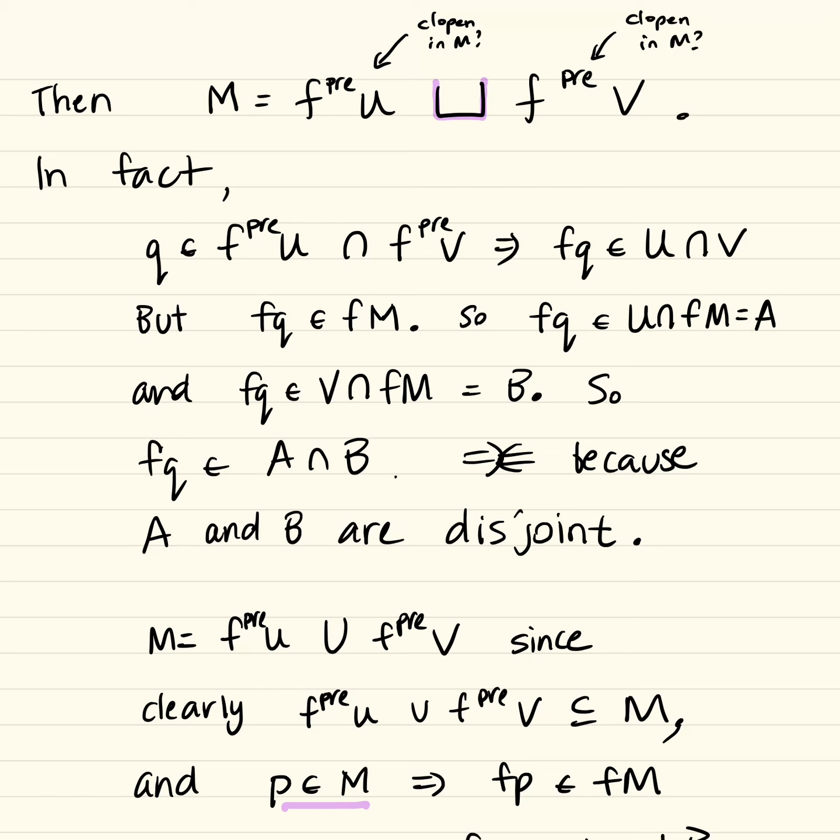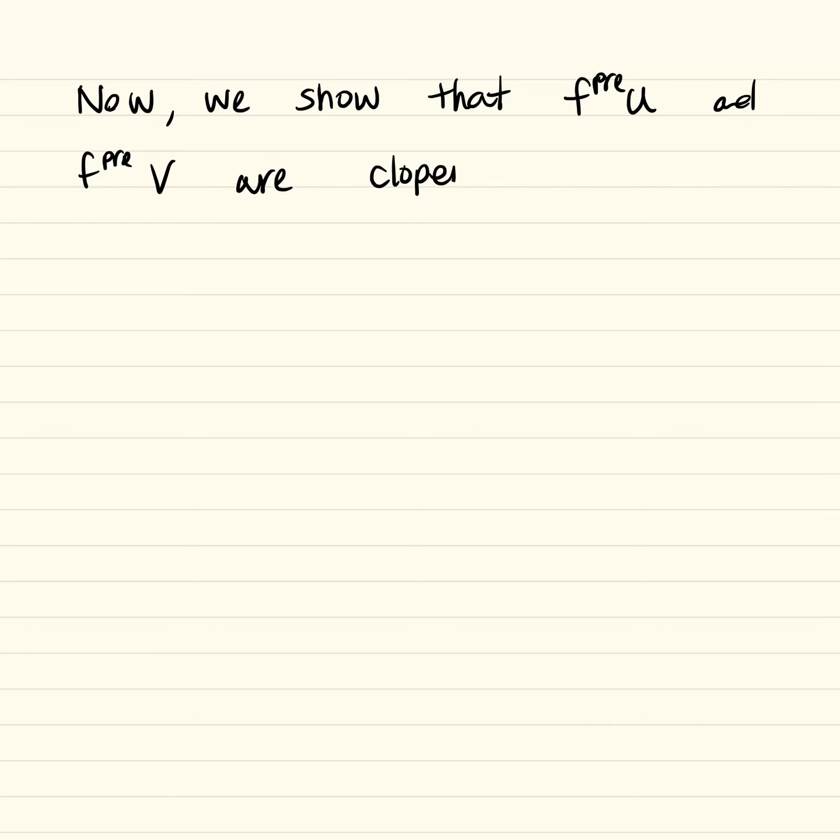But that's going to be easy because, let's see here, now we show that F pre U and F pre V are clopen in M, but this follows because they are both open.